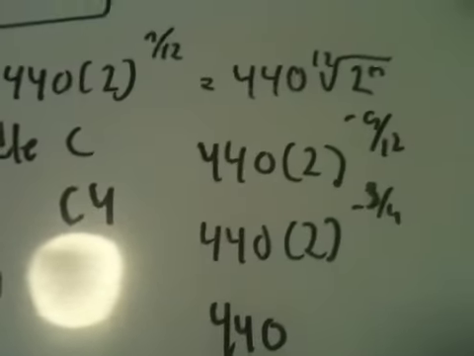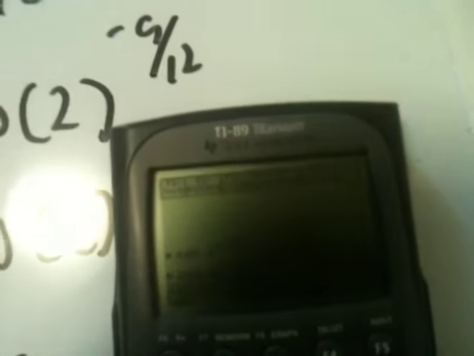So let me use my calculator again. Don't know if you can all see that. Okay, so I want 440 times 2 to the minus 9/12. Whoops, I should put some parentheses there.